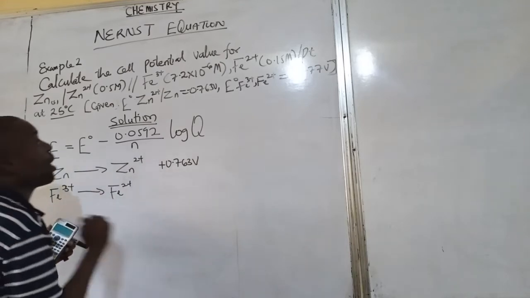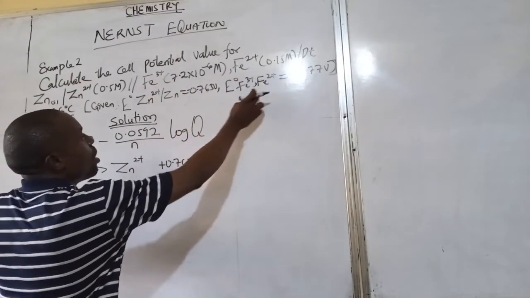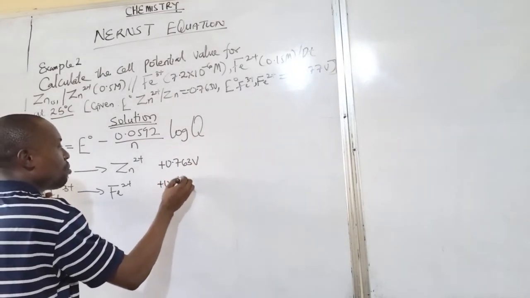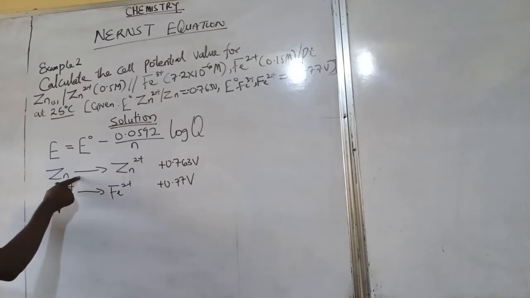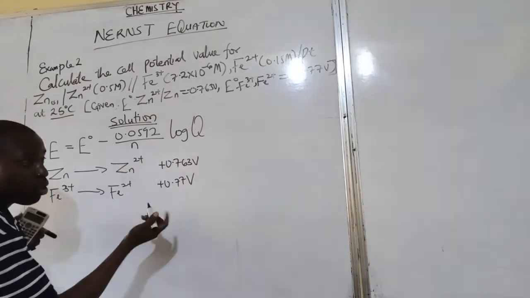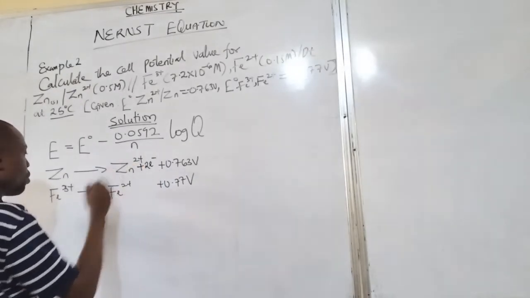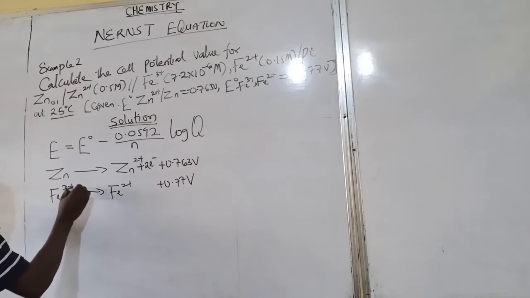Then from iron 3 ion to iron 2 ion, don't forget that it still remains where it is. So from iron 3 to iron 2, the value still remains the same, which is plus 0.77 volt. And of course, we balance this reaction here. For oxidation, electrons are added to the right hand side, which is 2e minus. Here added to the left hand side, which is plus e minus.